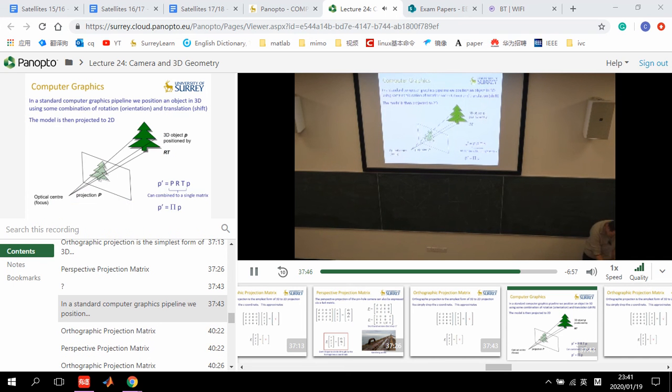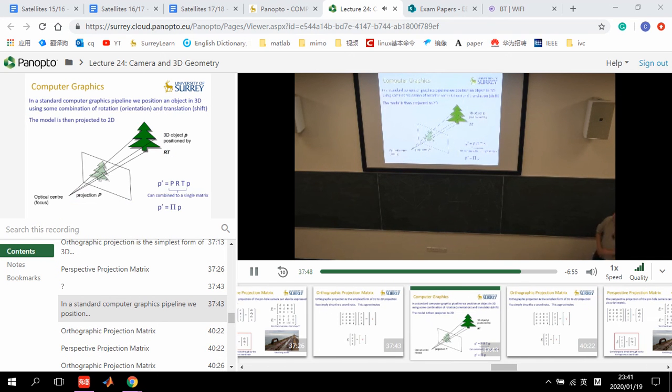Right, where are we? Okay. So why is any of this of interest? Well, in computer graphics, we use these matrix equations to manipulate and project our objects.